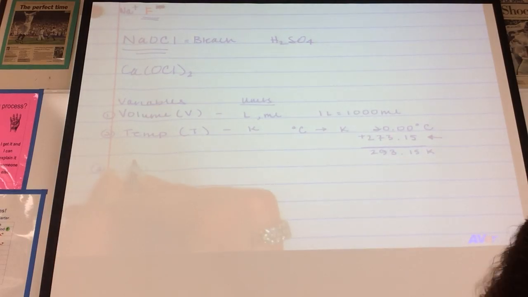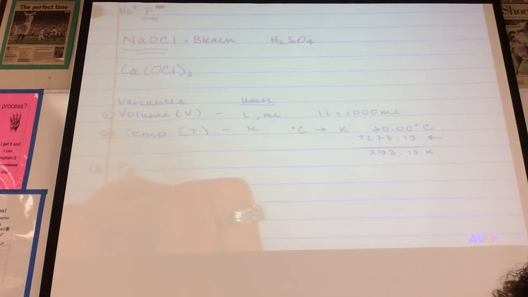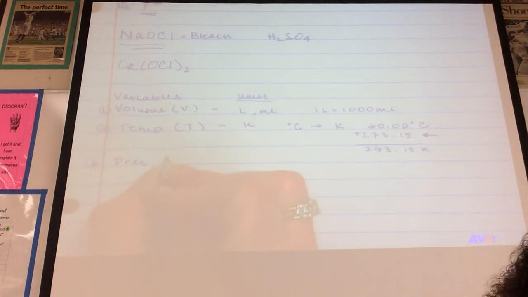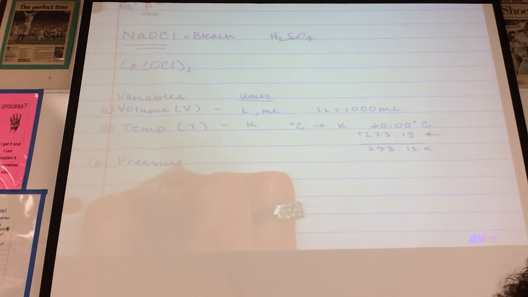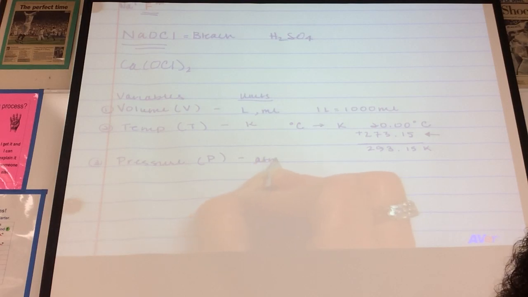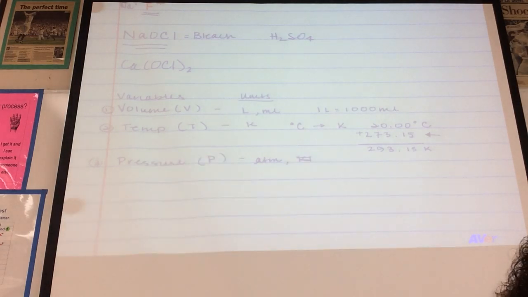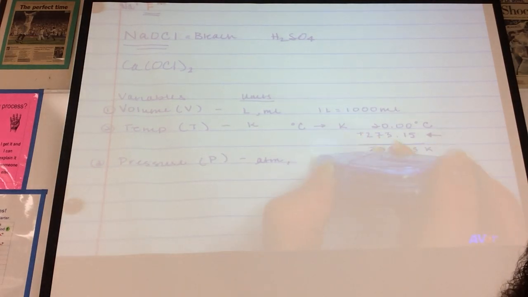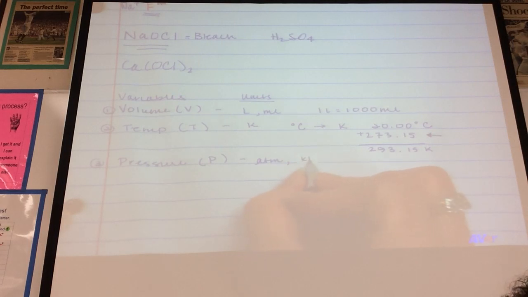Another variable we're going to consider is pressure, abbreviated capital P. There are a lot of different units for pressure: atmospheres, pascals, kilopascals, torr, millimeters of mercury.